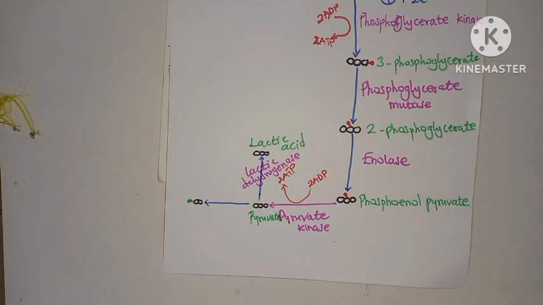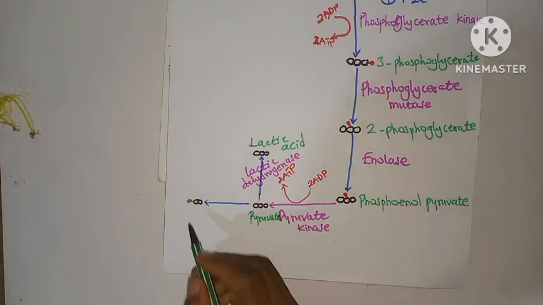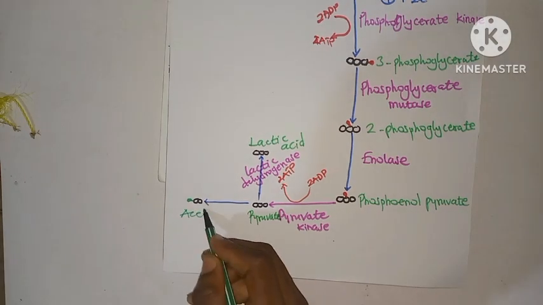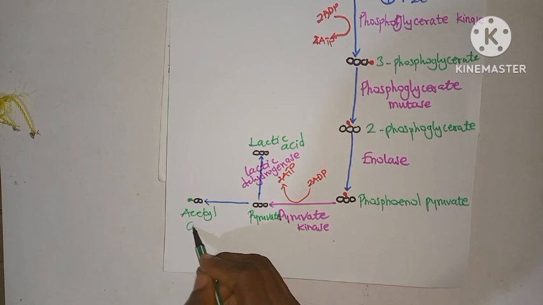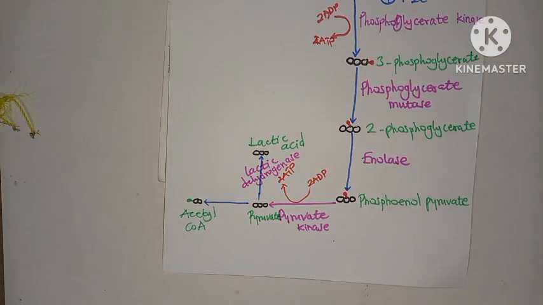Pyruvate can also be converted to another molecule known as acetyl CoA. We're going to talk about this one in our next video.